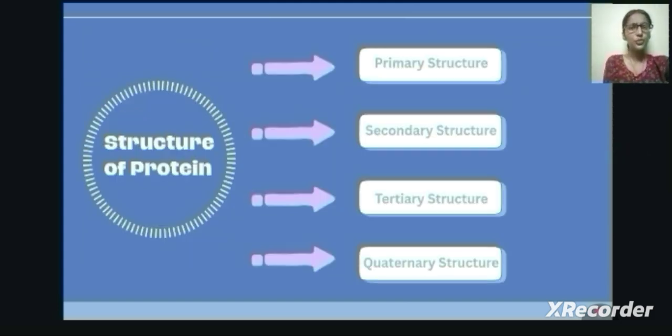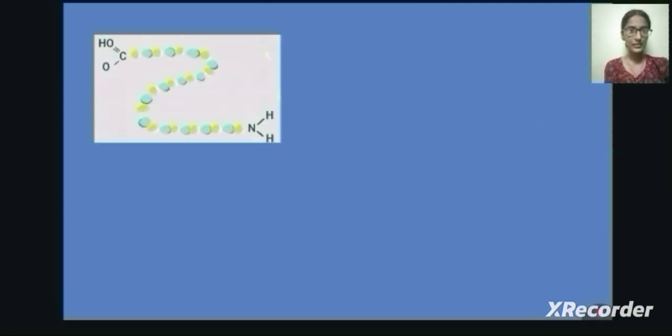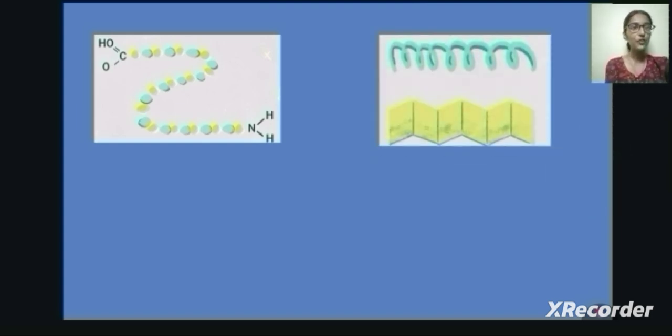Now, what is the structure of protein? Well, protein structure is extremely complex and can be described at 4 levels. We have primary, secondary, tertiary and quaternary. The primary structure involves sequence of specific amino acids. The secondary structure involves two structures. One is alpha helix and one is beta sheets.